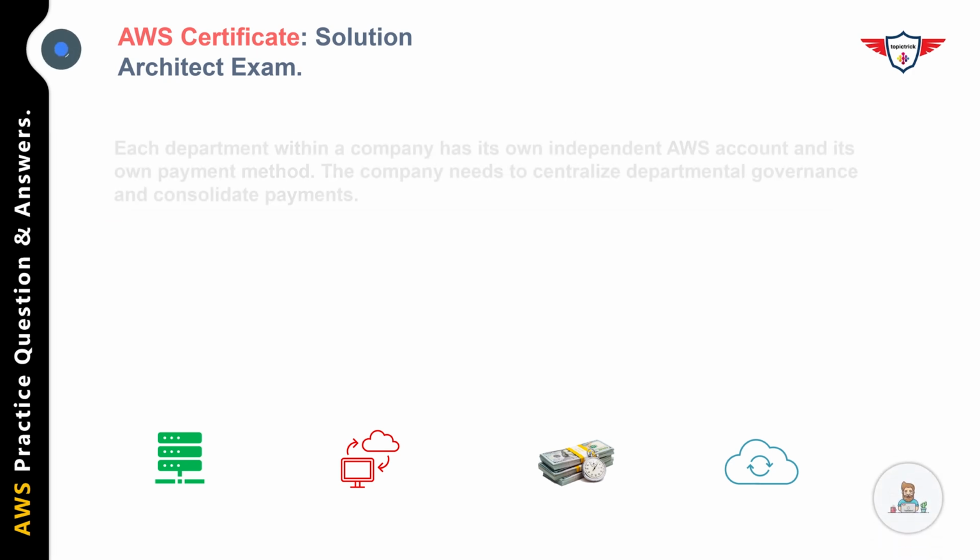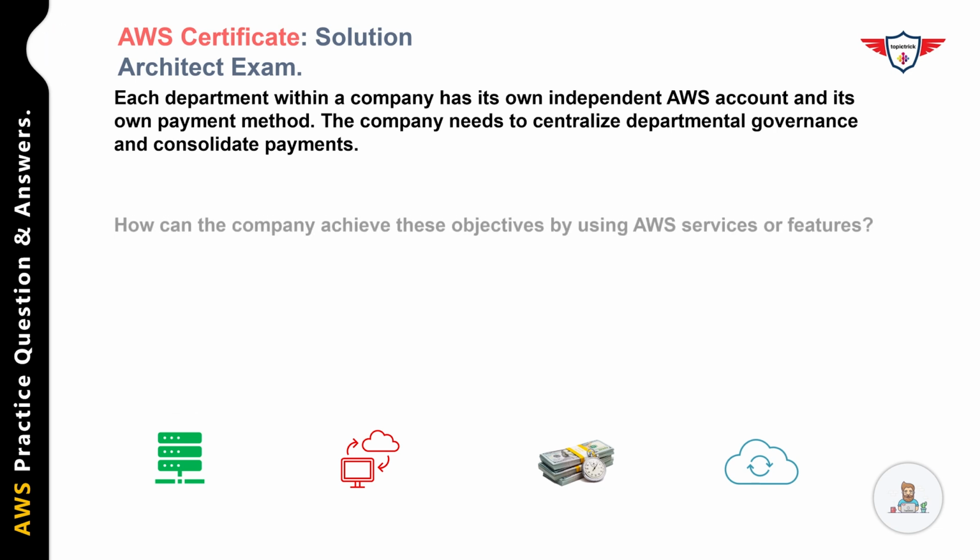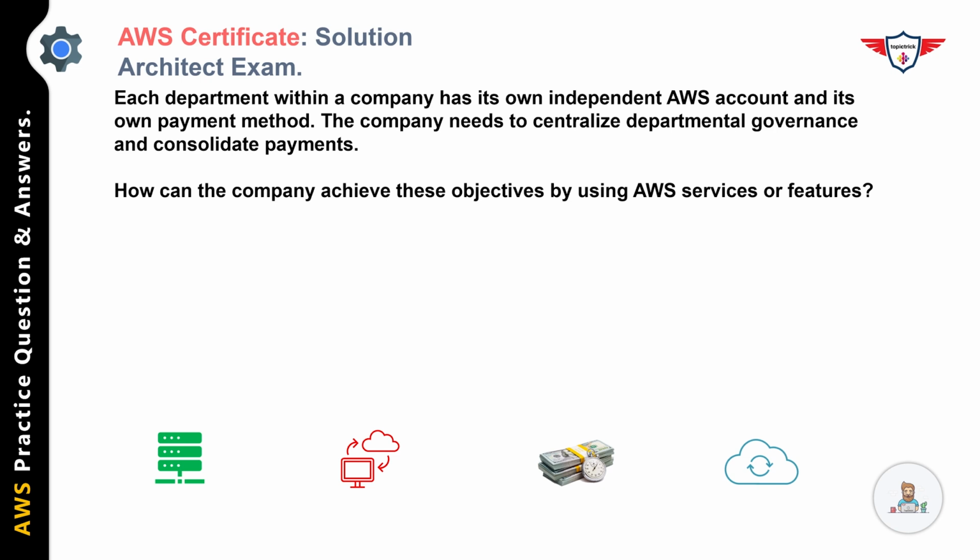Each department within a company has its own independent AWS account and its own payment method. The company needs to centralize department governance and consolidate payment. How can the company achieve these objectives by using AWS services or features?